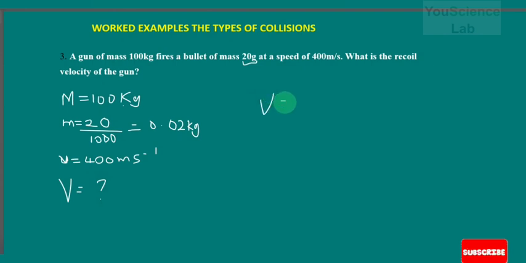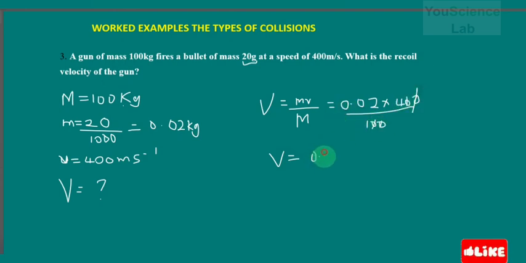So we know that V is equal to small m times small v divided by big M. So small m is 0.02 times small v, 400, divided by big M, 100. So the zeros cancel out, and we have 0.02 times 4, that's 0.08 meters per second.